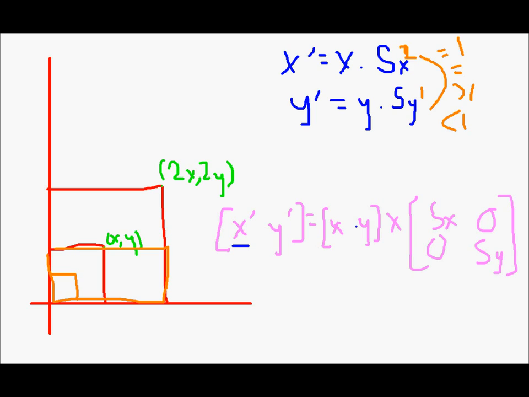So x dash is x times sx plus y times 0, and y dash will be equal to x times 0 plus y times sy, that is y sy.